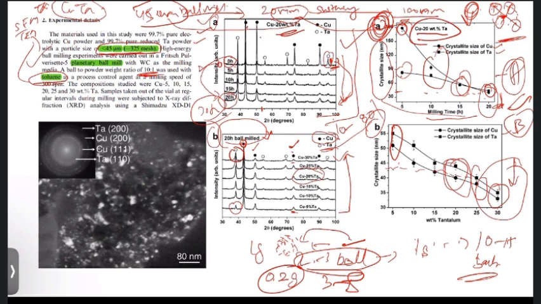But what are the exact numbers? This graph is telling. Based on that percentage, how the size varies. Okay, understood. This is qualitative analysis. This is quantitative analysis.